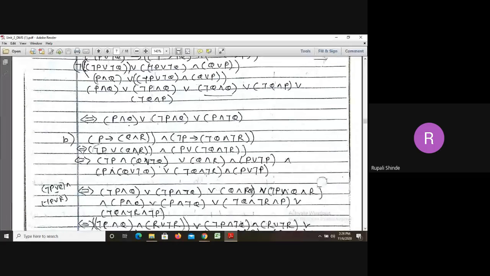First of all, we have to remove this conditional. So how can we remove it? First, we take negation of the first term as negation P, or the second term we keep as it is, Q and R.